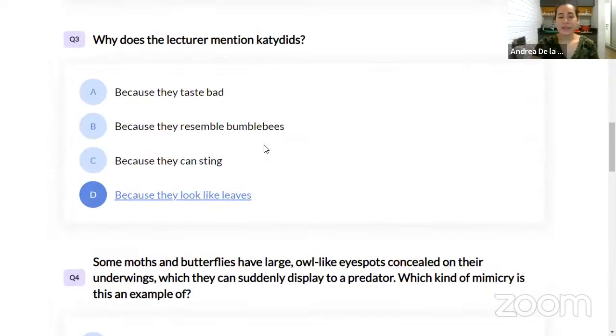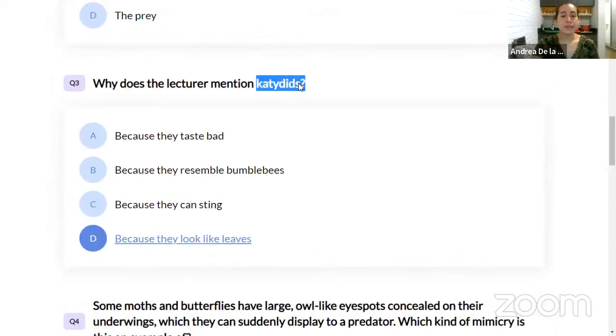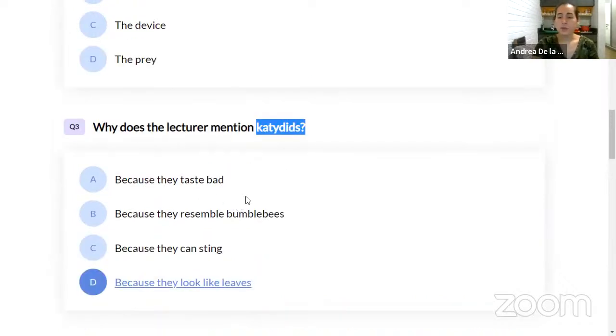Now, if you know what katydids are, you can picture them, then that makes things easier because you would know that they don't resemble bumblebees, that they don't stink, right? Do you guys know what katydids are? Or grasshoppers? They are in Spanish, saltamontes. So you know that they don't sting and they don't resemble bumblebees, right? But they do look like leaves.